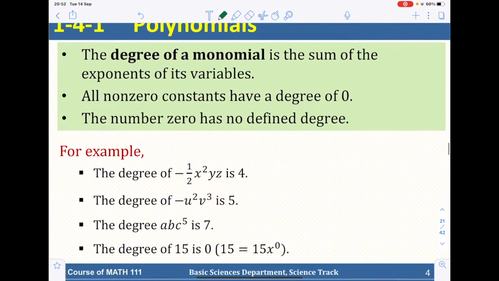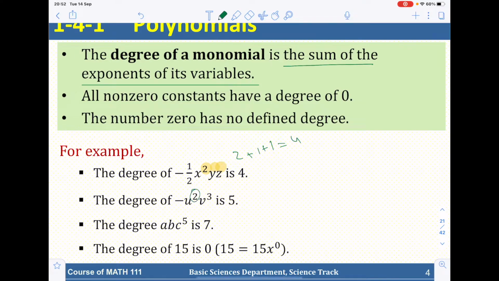Okay, what is the degree of a monomial? The degree of a monomial is the sum of the exponents of the variables. For example, in this one, we have here power 2 and here power 1 and here power 1. So the degree is 2 plus 1 plus 1, which is 4.